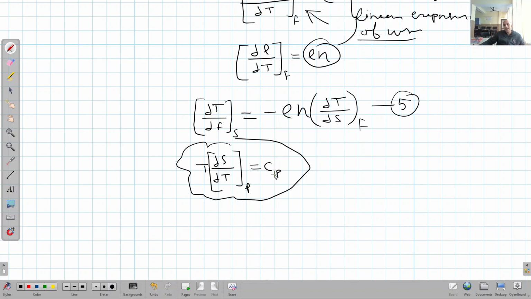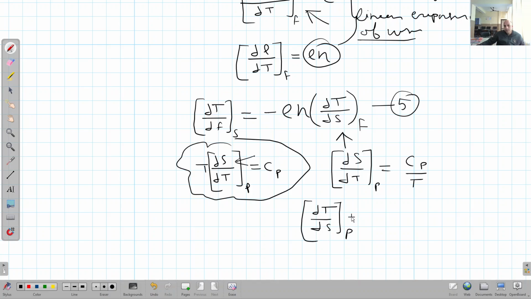So from here I got ∂S/∂T is equal to Cp upon T. If I invert this equation, because we require it here, (∂T/∂S) will become T upon Cp. Let this be equation number 6.